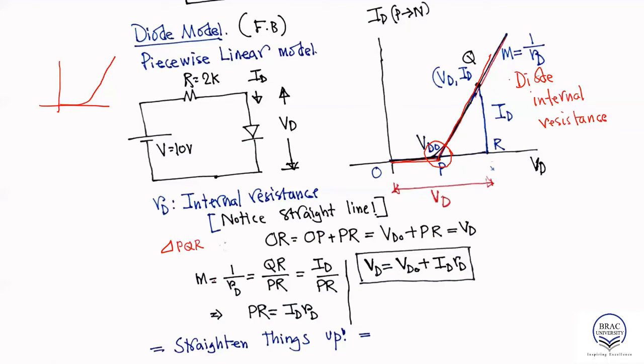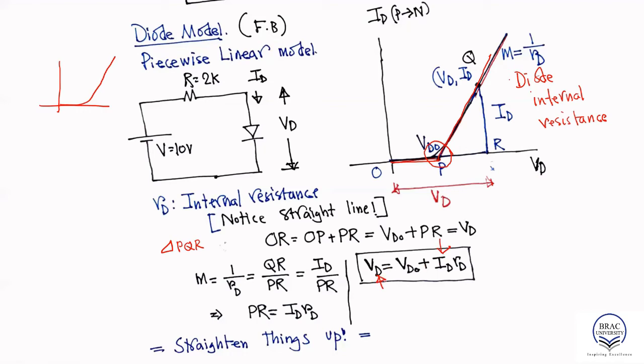So in that case, the slope M, which is 1 over RD, is QR divided by PR. QR is ID, and from there we can find PR equals ID RD. Now, if we put the value of PR here, we find VD is equal to VD naught plus ID RD. So this is the relationship between the current that flows through the diode and the voltage across the diode.